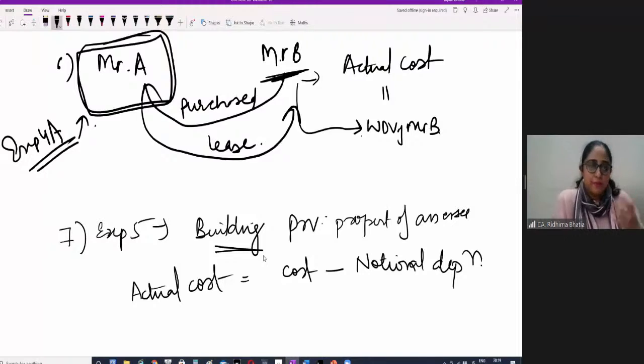Now that building I'm vacating and using it for office purpose. So the actual cost which has to be capitalized in the books of accounts for income tax would be the cost for which I purchased 10 years back minus notional depreciation of 10%. That value would be the actual cost in my books of accounts. Clear?